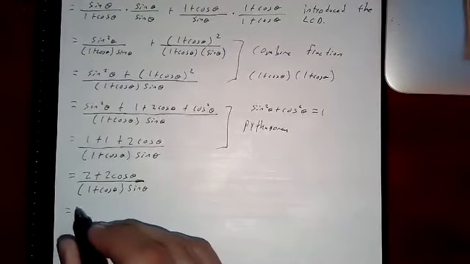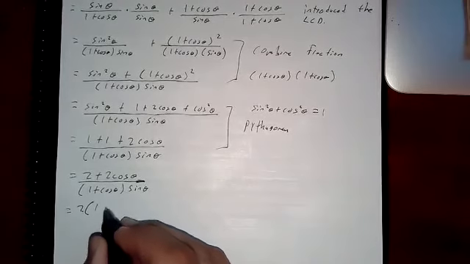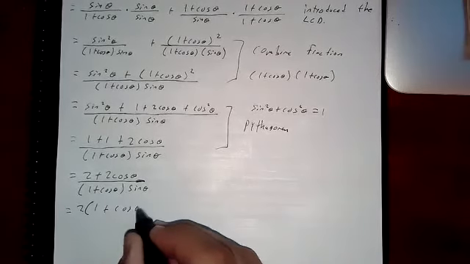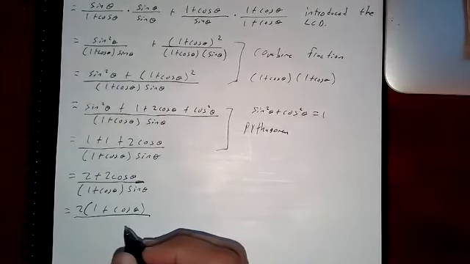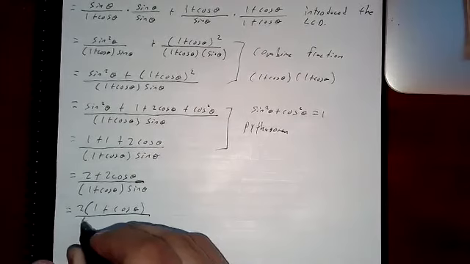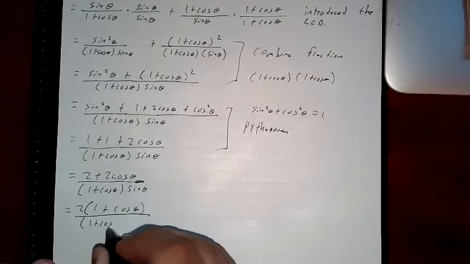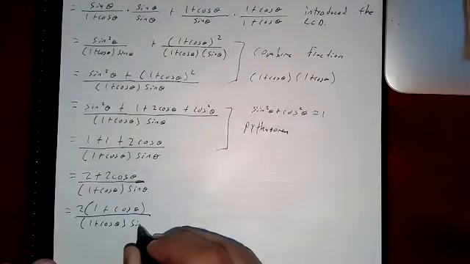We can factor 2 though, right? That will be 2 times 1 plus cosine theta over 1 plus cosine theta sine theta.